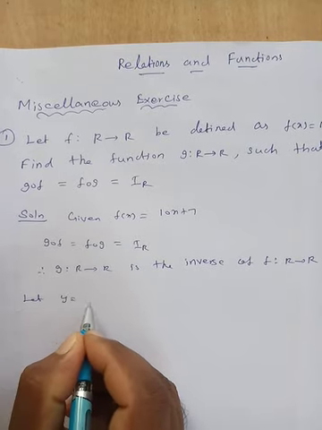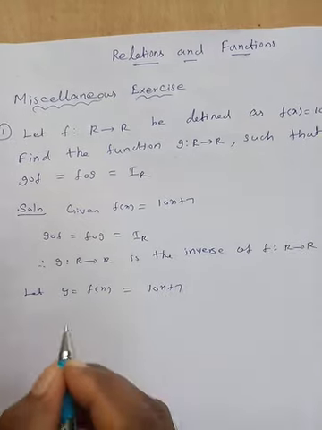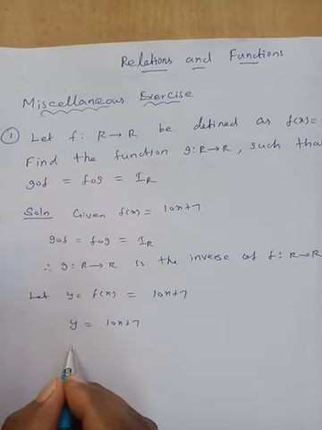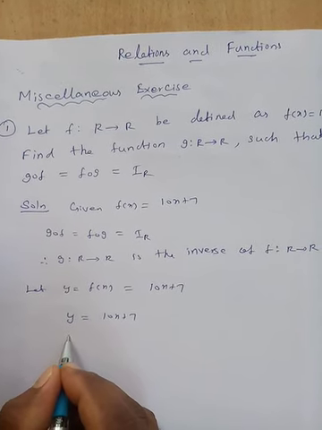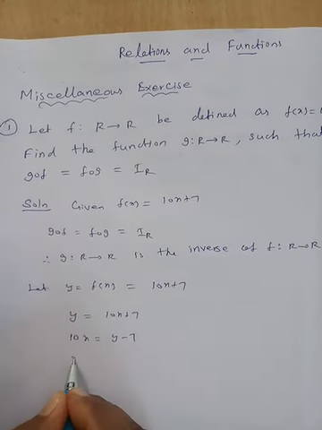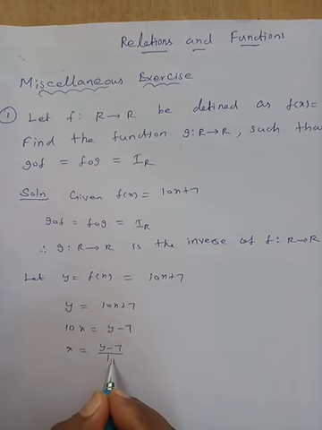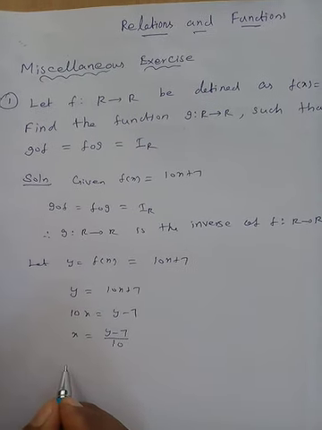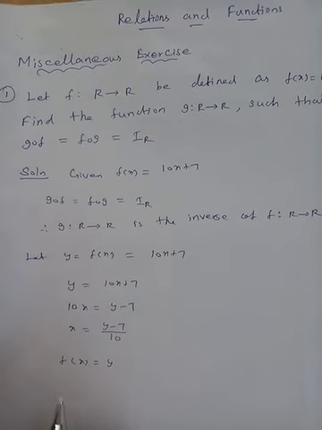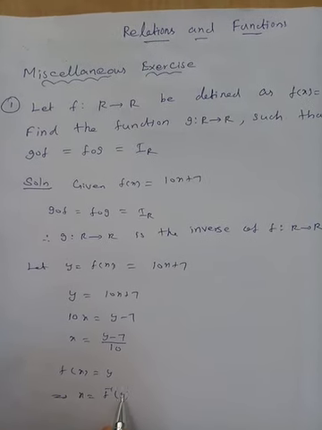Let y is equal to f of x equal to 10x plus 7, as given. Now y is equal to 10x plus 7, then 10x is equal to y minus 7. So x is equal to (y minus 7) divided by 10. Here f of x is equal to y, which implies x is equal to f inverse of y.